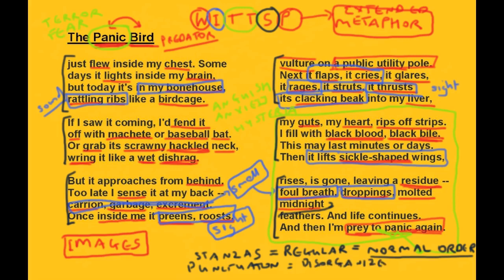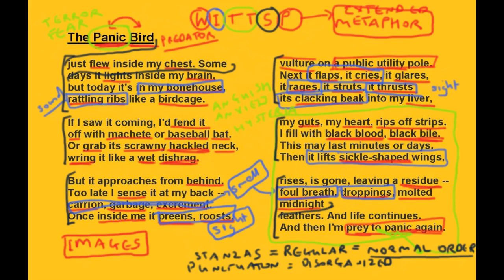So I'm just going to make a note here. Let's look: the panic bird just flew inside my chest, so there's an enjambment from the title to the first line. That first line of the first stanza ends with sun and then goes over to days. Then there's a pause. Here, if I saw it coming, I'd fend it off with a machete or baseball bat.